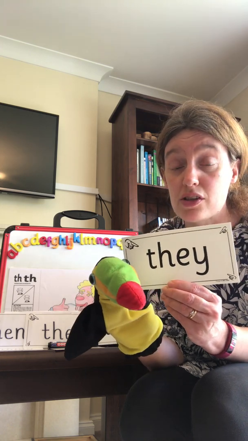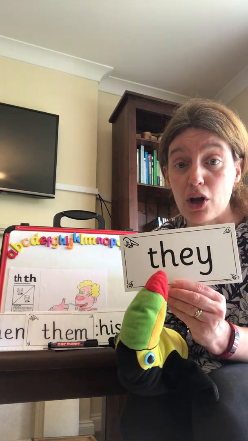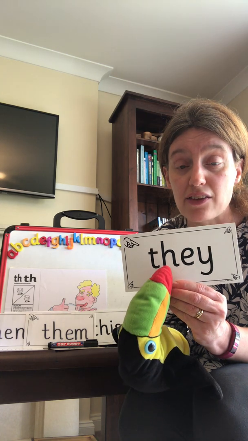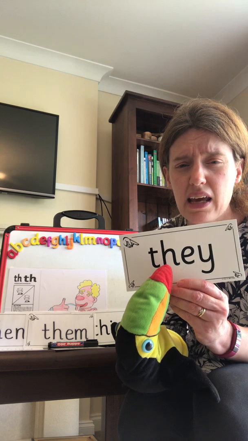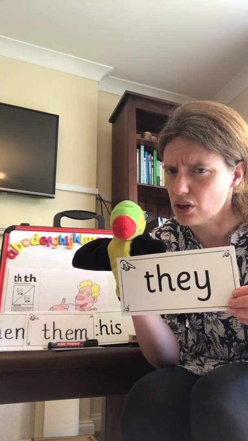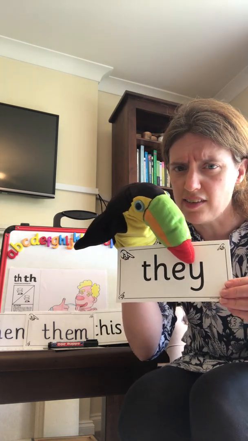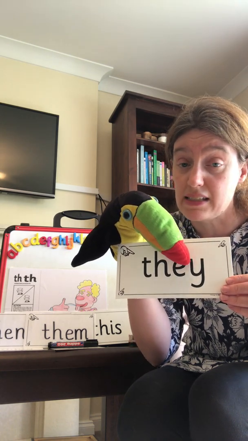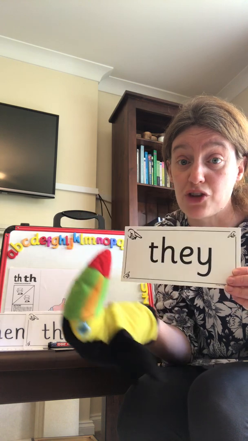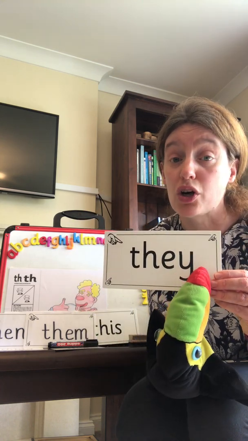No, because it's a tricky word. But look, it has the th sound at the beginning. And then it has, Tricky Toucan, two funny sounds together at the end. You can't blend them together. It isn't a phonic word, you just have to know it. This is a sight word.